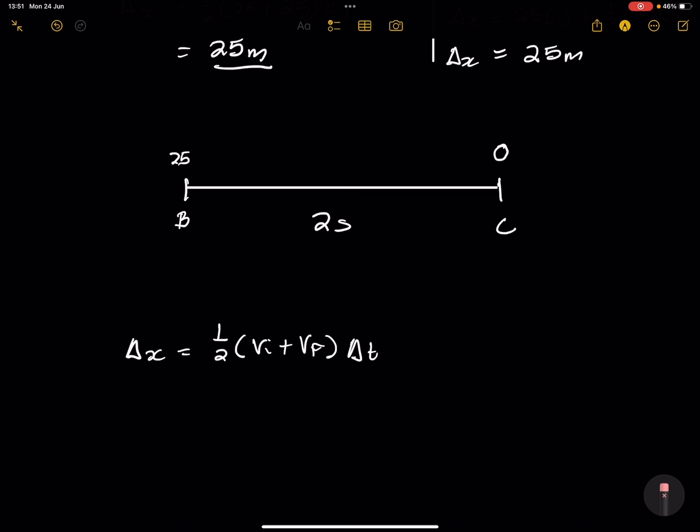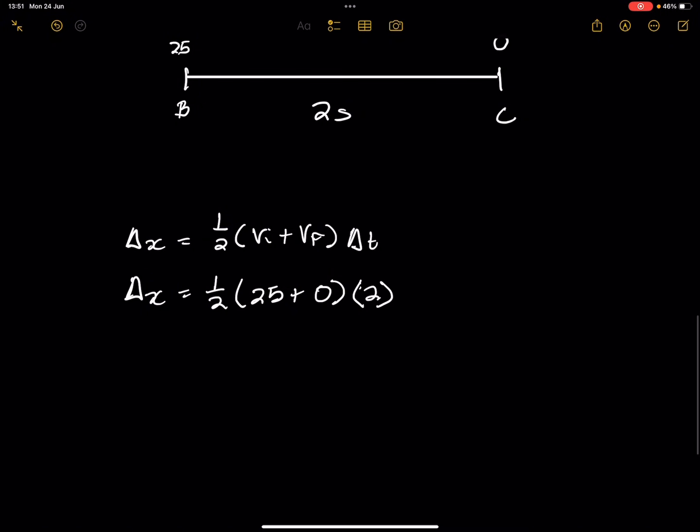Our displacement in this case is what we're trying to find. Our initial velocity is 25. Our final velocity is 0. And the time that it took was 2 seconds. So in this case, if I calculate, I get a distance of 25 meters. That's only when the car is able to actually stop.